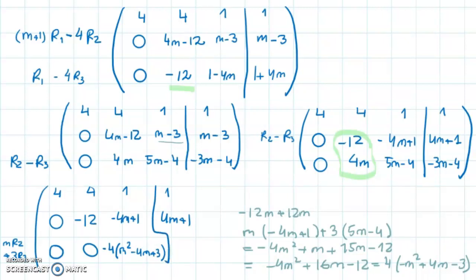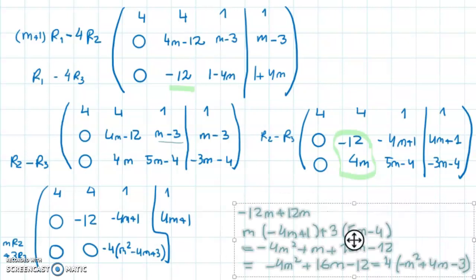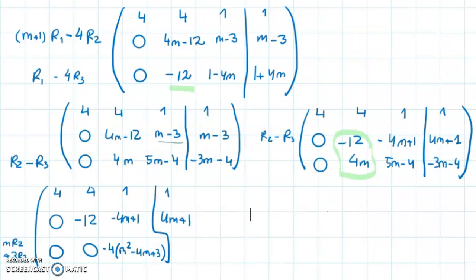And I still have the last entry to write down, so let me make space for that. I'm going to have m multiplied by 4m plus 1. That's the entry from the second row, plus 3 times the entry of the third row, minus 3m minus 4.